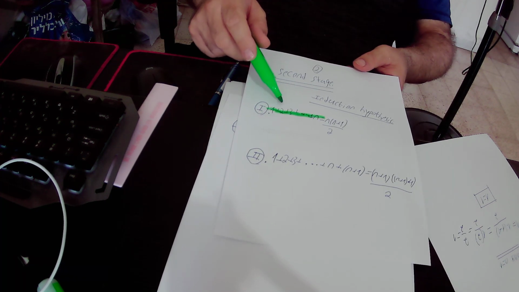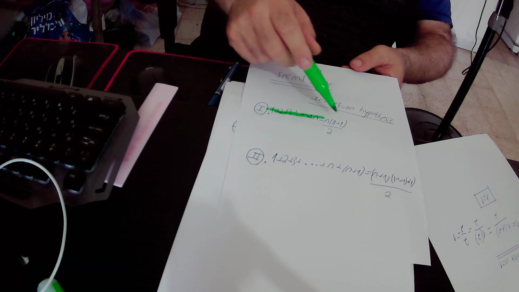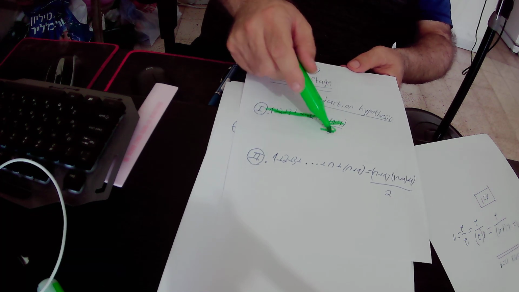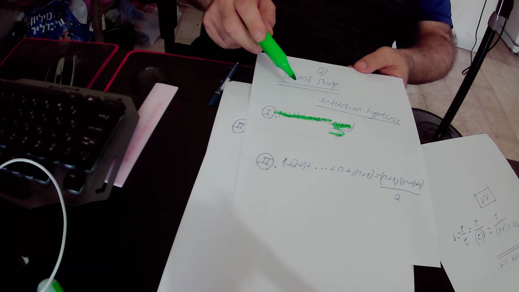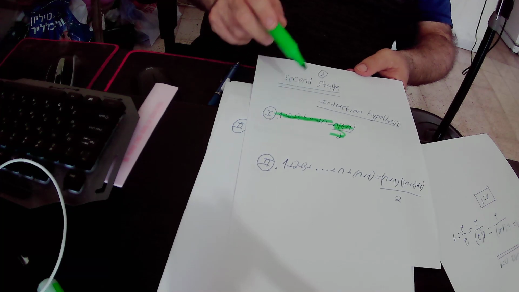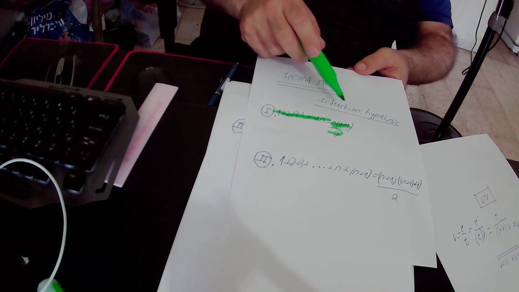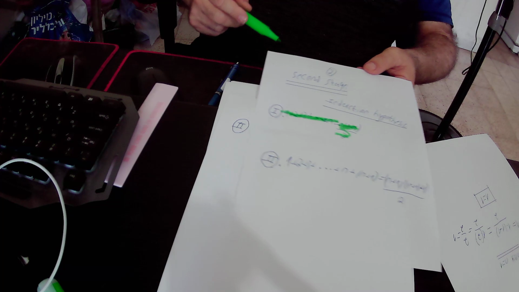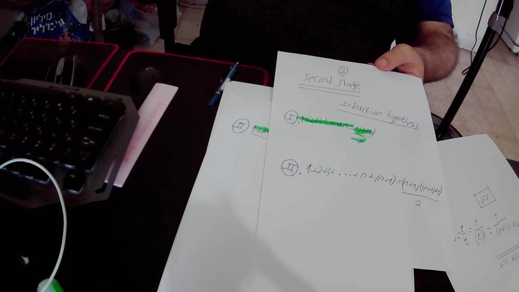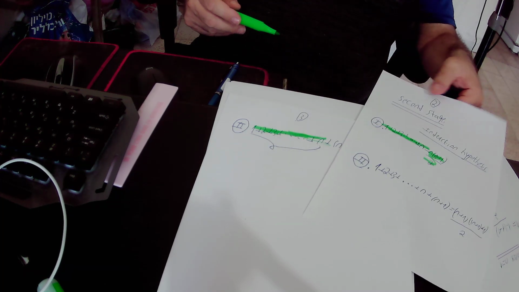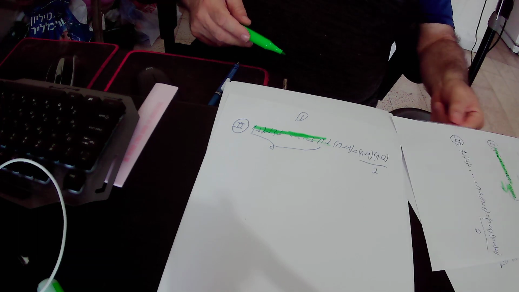So this expression equals this expression, so we can substitute 1 plus 2 plus 3 plus ... plus n by n times n plus 1 divided by 2, because they are equal to each other. So we will do it now.